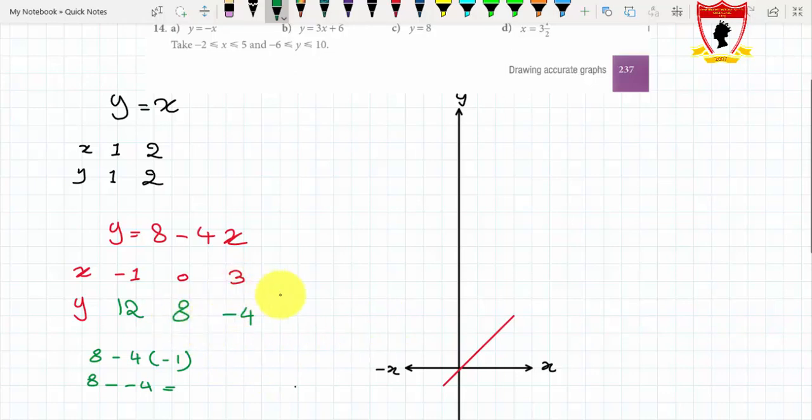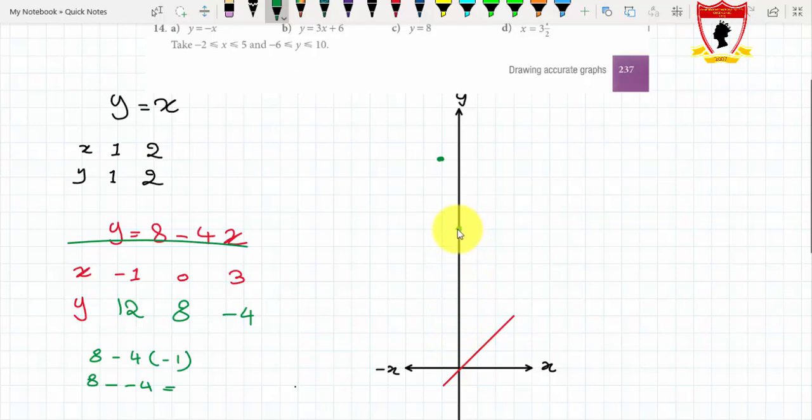Now let's plot these 3 points and join them to get the graph of the second equation. The first point is negative 1, 12. Negative 1 on the x-axis is here, 12 on the y-axis: 1, 2, 3, 4, 5, 6, 7, 8, 9, 10, 11, 12. This is the first point. The second point is 0, 8. 0 is in the center, then 1, 2, 3, 4, 5, 6, 7, 8.